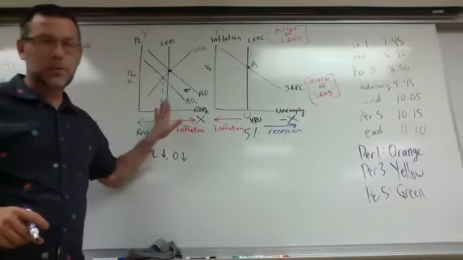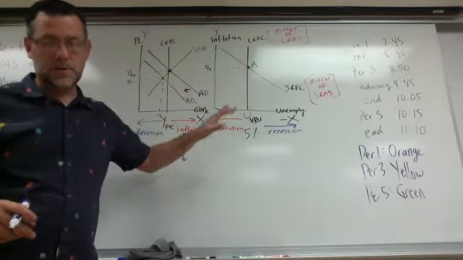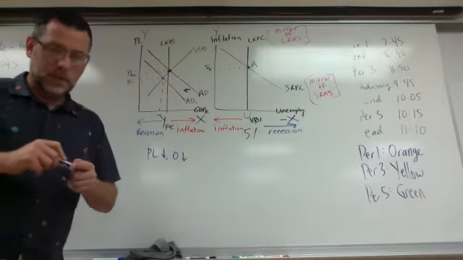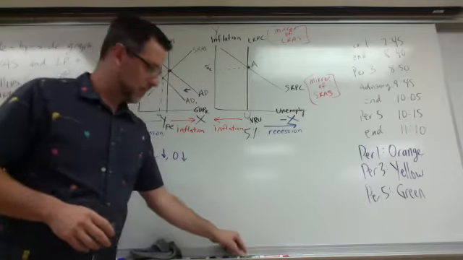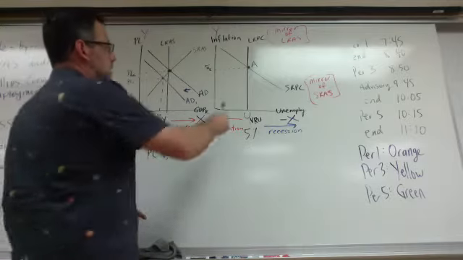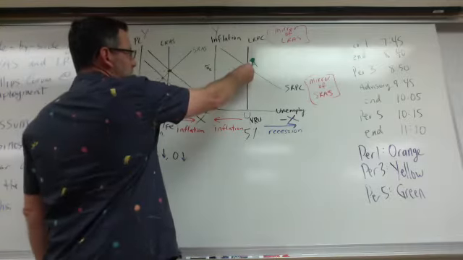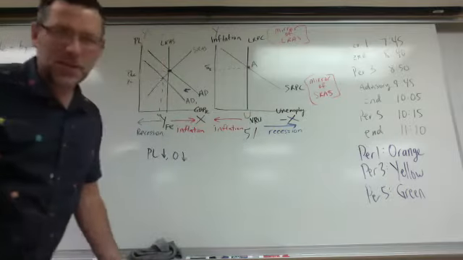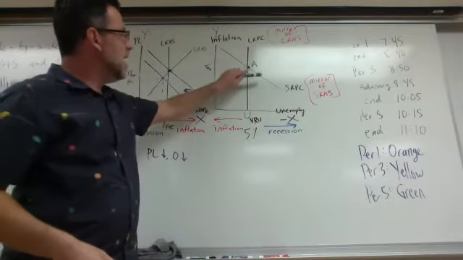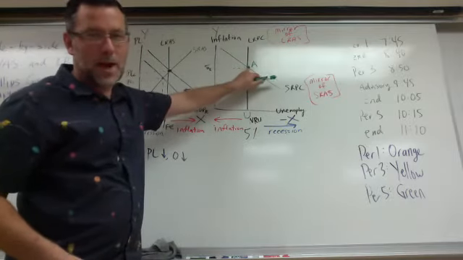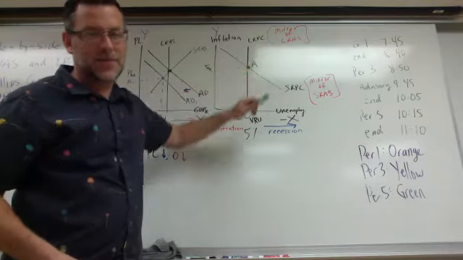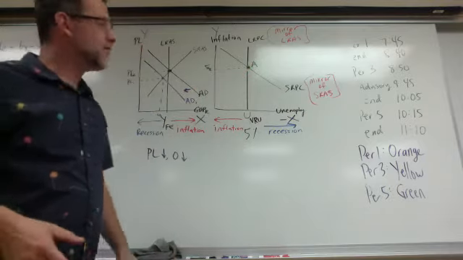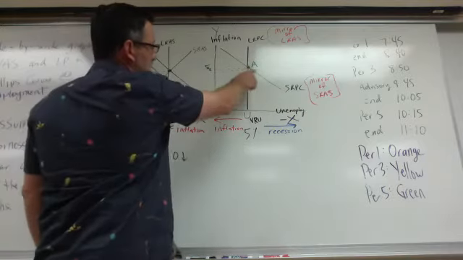Now, let's go back to our Phillips curve. How do we show this over here? Well, think about what's happening here. My invisible aggregate demand curve is shifting. So if my invisible aggregate demand is shifting, then this point right here, my intersection point, is going to have to move along this curve.